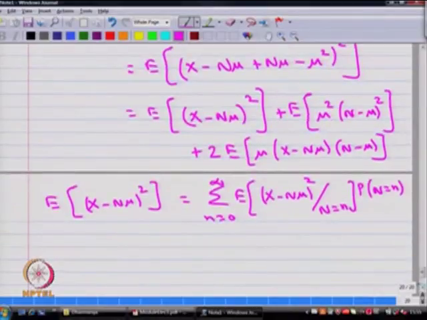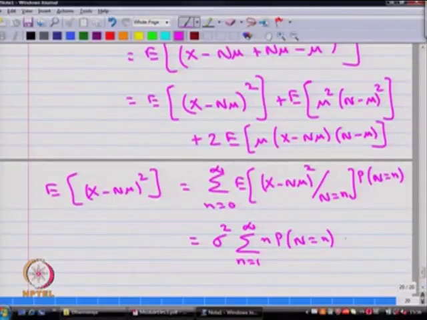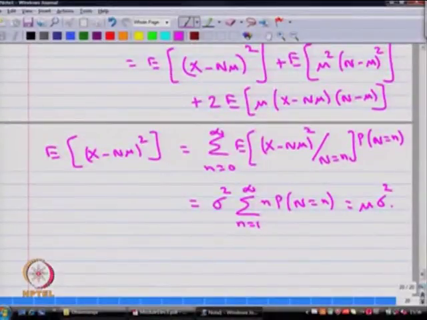If you substitute the way you have done the expectation and so on, finally you will get the answer, that is sigma square summation n is equal to 1 to infinity n times probability of N is equal to n. That is same as the summation n times p n is same as the mean, that is mu. Therefore, this becomes mu times sigma square. Even though I have skipped 1 or 2 steps, one can get sigma square summation n times p n, that is same as mu. Therefore, it is mu sigma square.